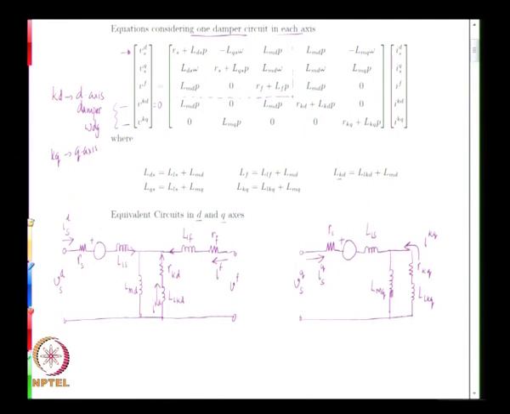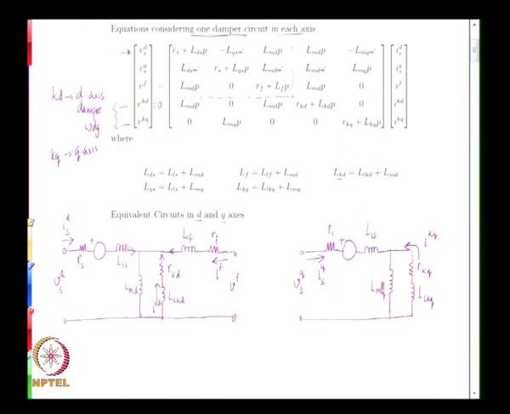If you now apply KVL around this loop, you get this equation with the source representing the speed EMF, LDS omega into IDS plus LMD omega into IKD, that is the value of this source.